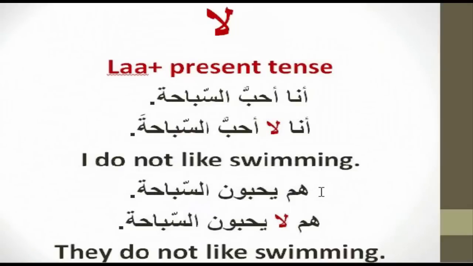So we add لا before the present tense verb and it becomes هم لا يحبون السباحة. They don't like swimming. So the first particle is لا and it is used to negate present tense verbs and it must be added before the present tense verb.